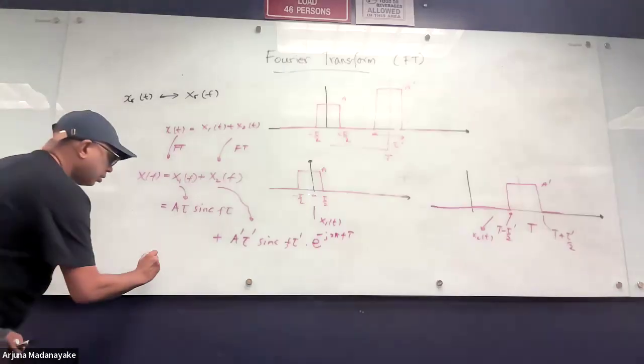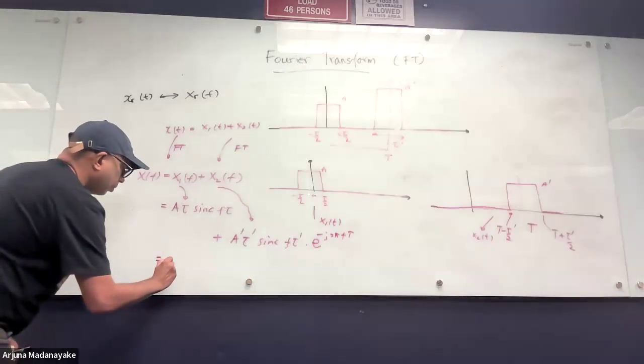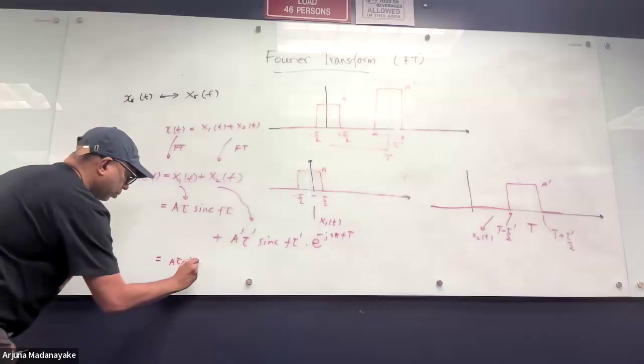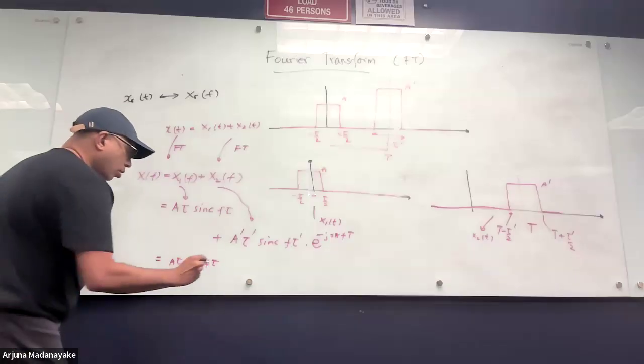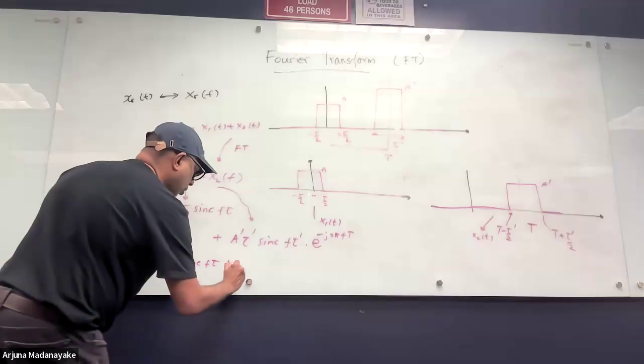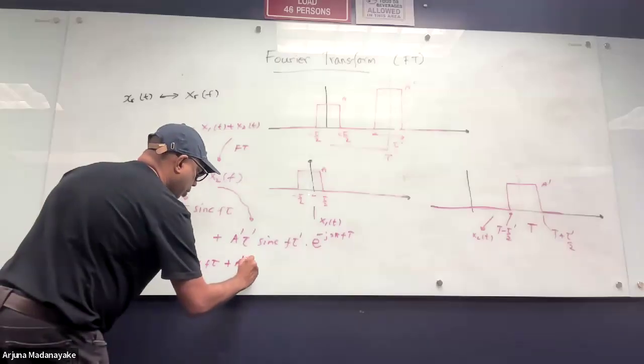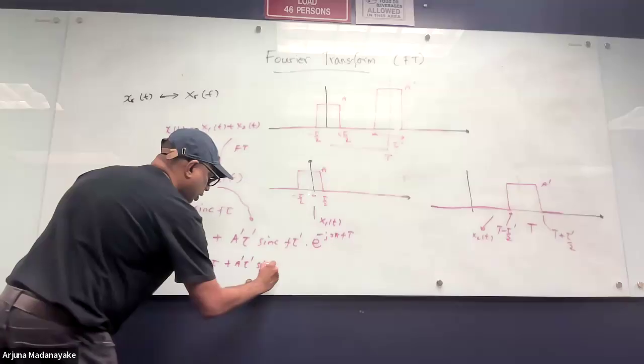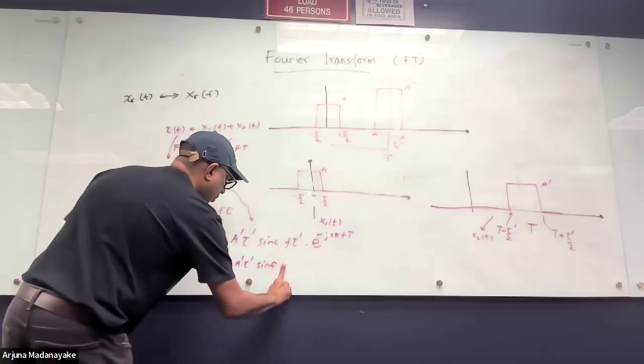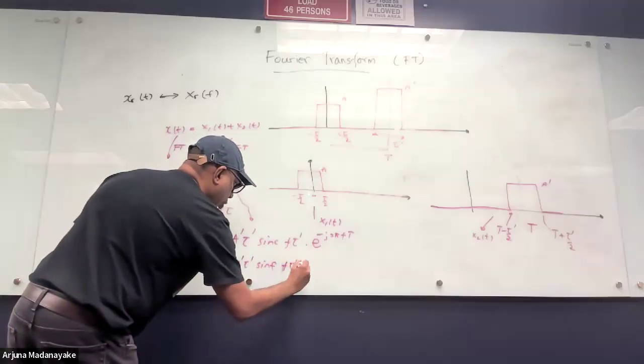So my final answer is A tau sinc f tau plus A prime tau prime sinc f tau prime, times the phase factor.